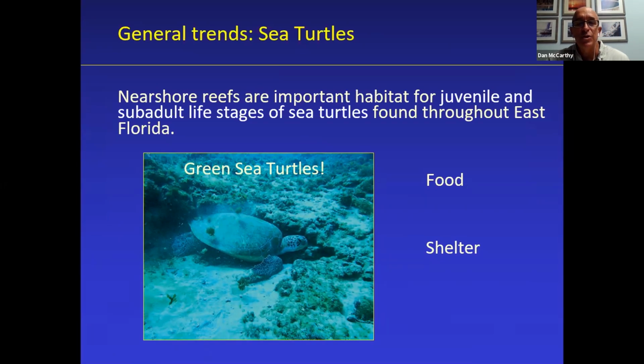Okay, so these are turtles that may have hatched out, or obviously hatched out from somewhere, spent some time offshore where they're feeding on algae and small invertebrates associated with flotsam, and then coming back still young and taking advantage of the food resources, either algae or invertebrates that are found on these nearshore reefs, as well as the shelter available to allow them to either rest or take refuge from predators.